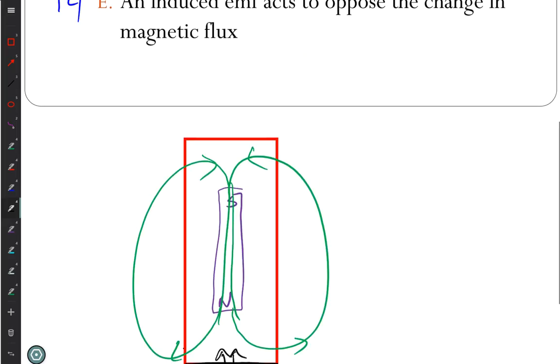Now, that's only half of the equation. We also have the top. What's happening to the strength of the magnetic field as it's dropping at the top of the tube? The magnetic field is decreasing in strength. So that means the flux is decreasing in magnitude.